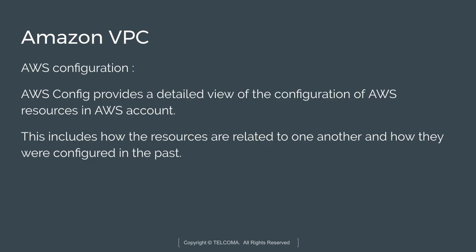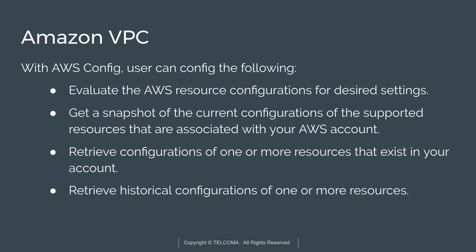If we talk about AWS Config, it provides us a detailed view of the configuration of resources in an account. So how resources are related to one another, how they are configured, and how we can configure these resources. With this, we can evaluate configuration for the desired settings.